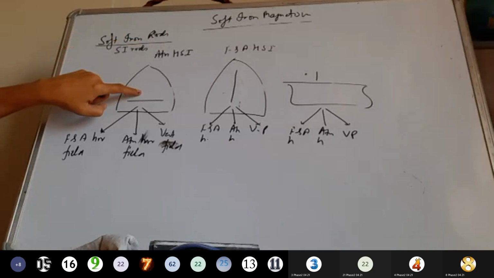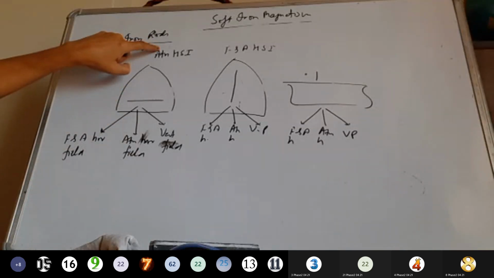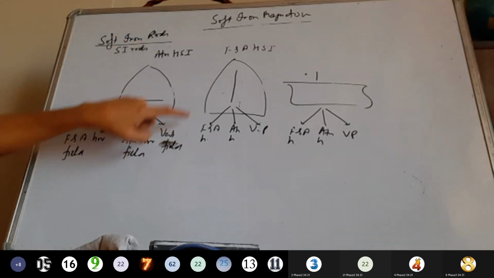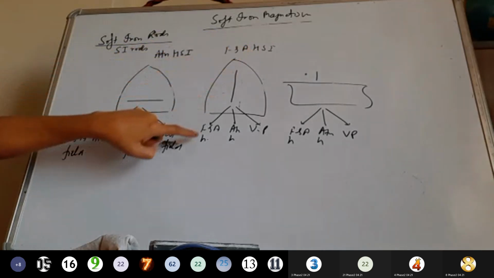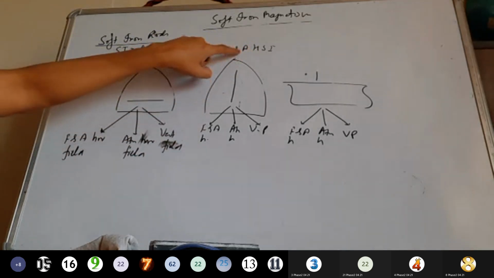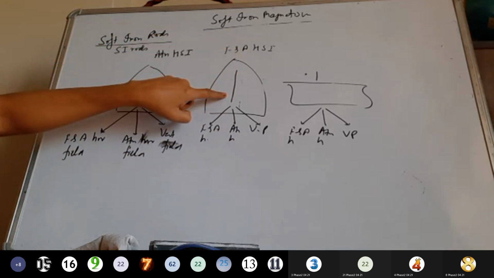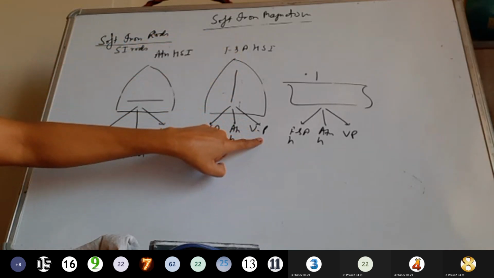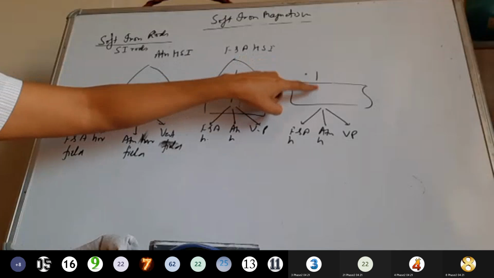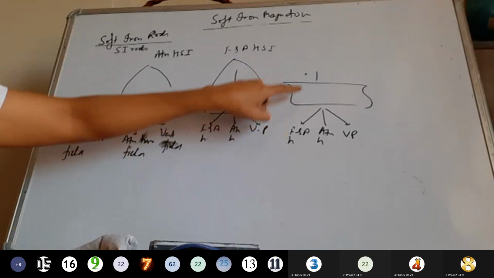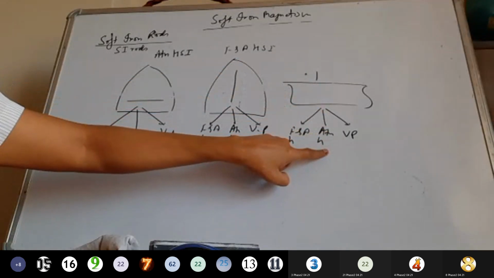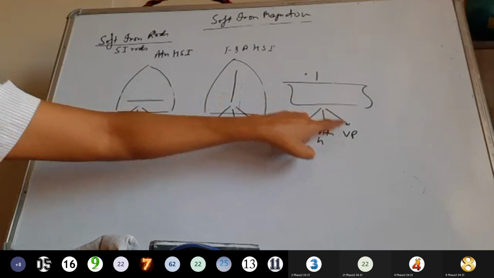Athwartship horizontal soft iron creating an athwartship horizontal field. Athwartship horizontal soft iron creating a vertical field. Fore and aft horizontal soft iron creating a fore and aft horizontal field, an athwartship horizontal field, and a vertical field. Then vertical soft iron creating a fore and aft horizontal field, an athwartship horizontal field, and a vertical field.